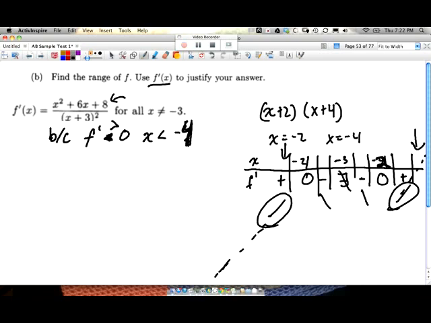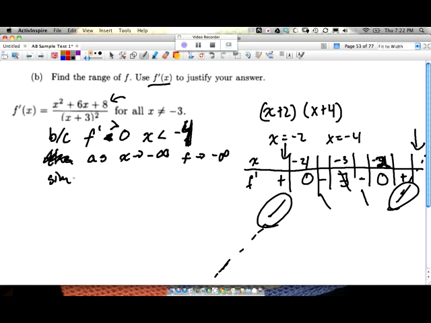There we go. Then that means that as x approaches negative infinity, f, not f prime, but f approaches negative infinity as well.